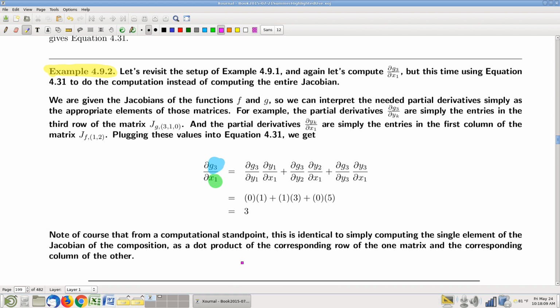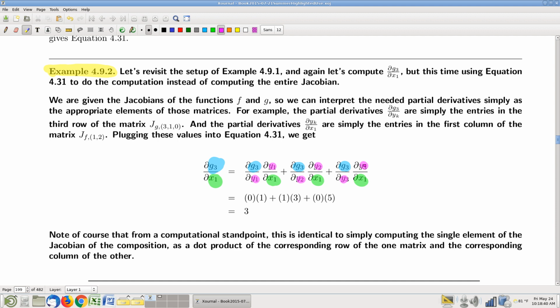I need to know the partials of G3 with respect to all of its input variables, Y1, Y2, and Y3, each one of which in succession will be multiplied by a different partial derivative, that is, partials with respect to X1, that I'm ultimately taking the partial with respect to, partials of those intermediate variables, Y1, Y2, and Y3.